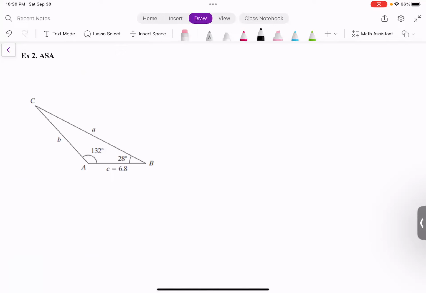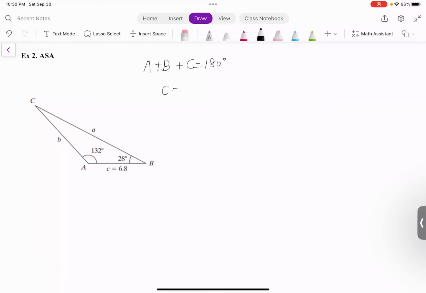Example 2 is also the ASA case. Let's see the example. So we know an angle here. We know an angle here. I know the side between the two angles. So every time, remember, we need to find the missing angle, which is C. So we know that A plus B plus C equals 180 degrees.